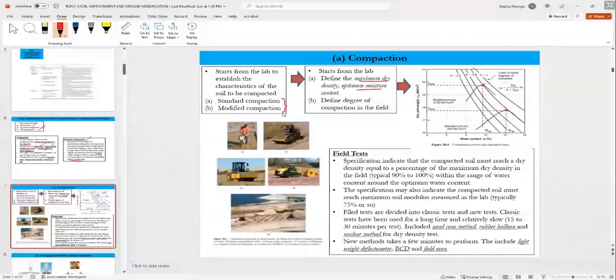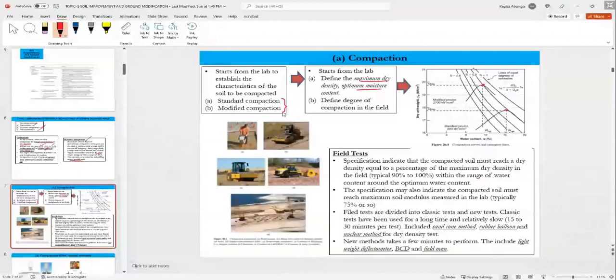What would be the difference between standard and modified compaction? No, the mold size is the same.